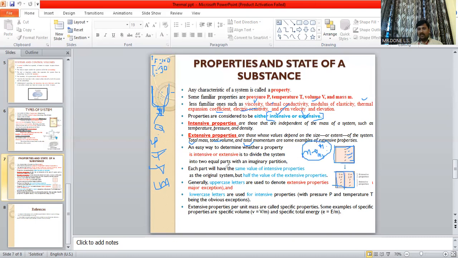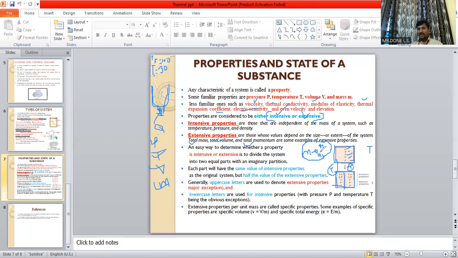Each part will have the same value of an intensive property. Let us say the temperature is the same for this half and for this half. There is no division of the temperature, so temperature is an intensive property.